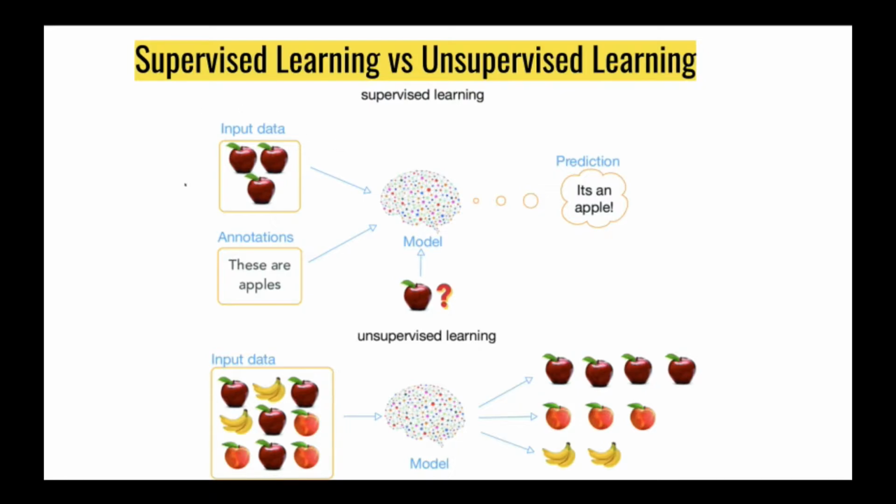So you would have data, and here the example is that we have images of fruits, and these are images of apples. And now you're going to tell the model, look at these images. These images are apples. Don't forget that. These are apples.